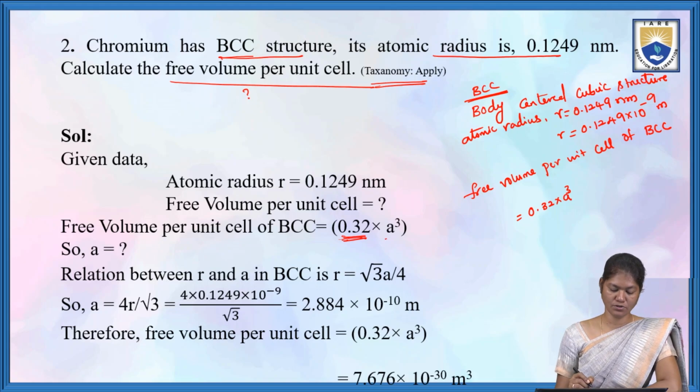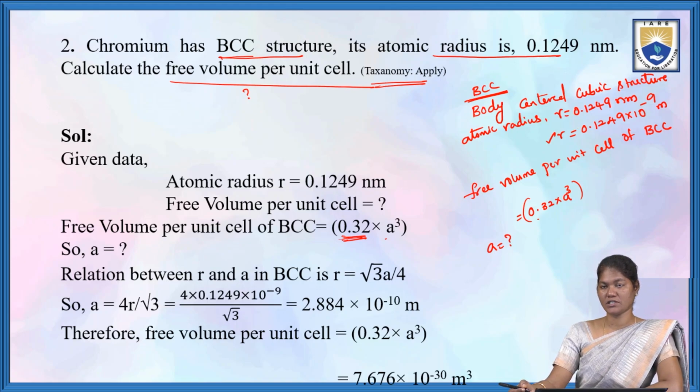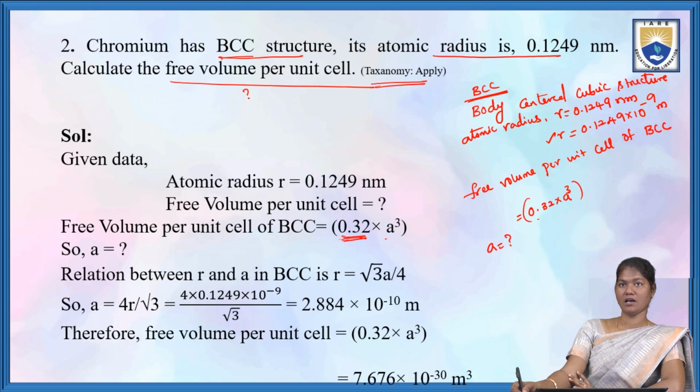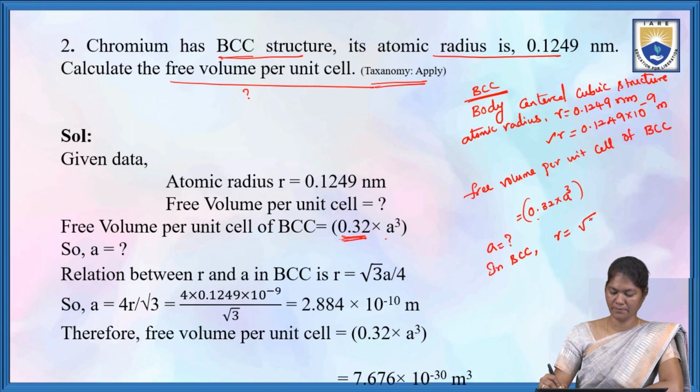So what is A here? A we need to calculate. So what is the relation between R and A in BCC structure? In BCC, radius R is equal to root 3 A by 4.